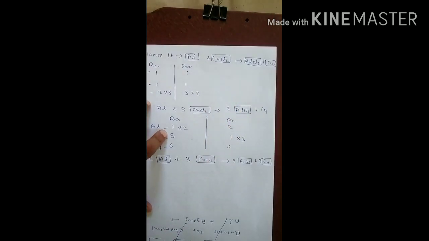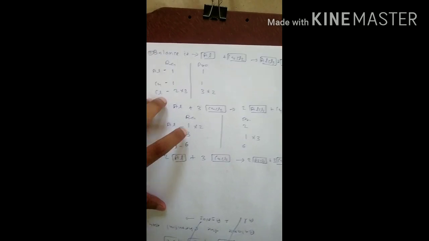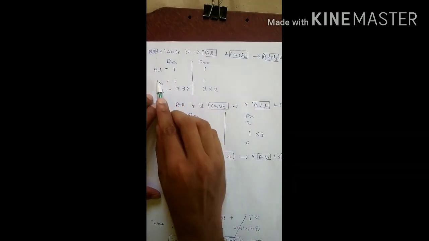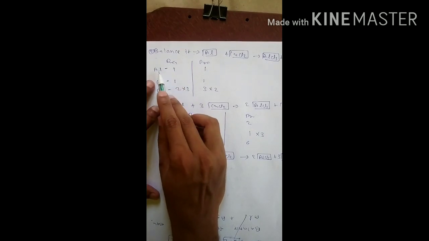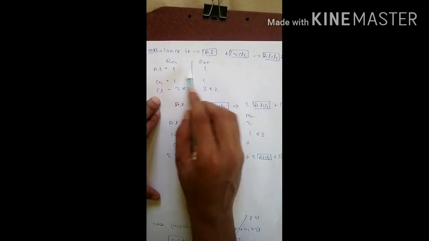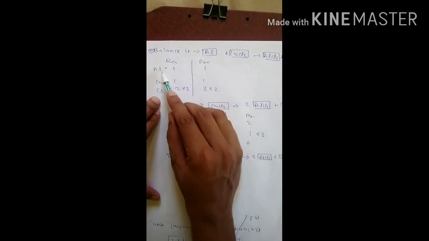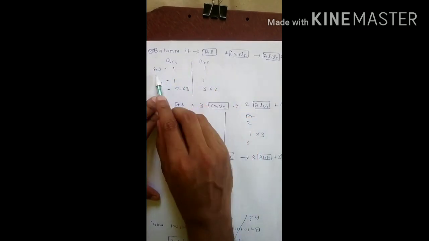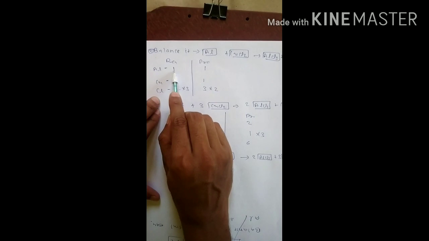Now I am counting the number of atoms of all elements on the product side as well as on the reactant side. So here you can see on the reactant side aluminium, copper and chlorine are there. The same way on the product side these three elements are there. Here I have written the number of aluminium atoms on the reactant side, that is 1.